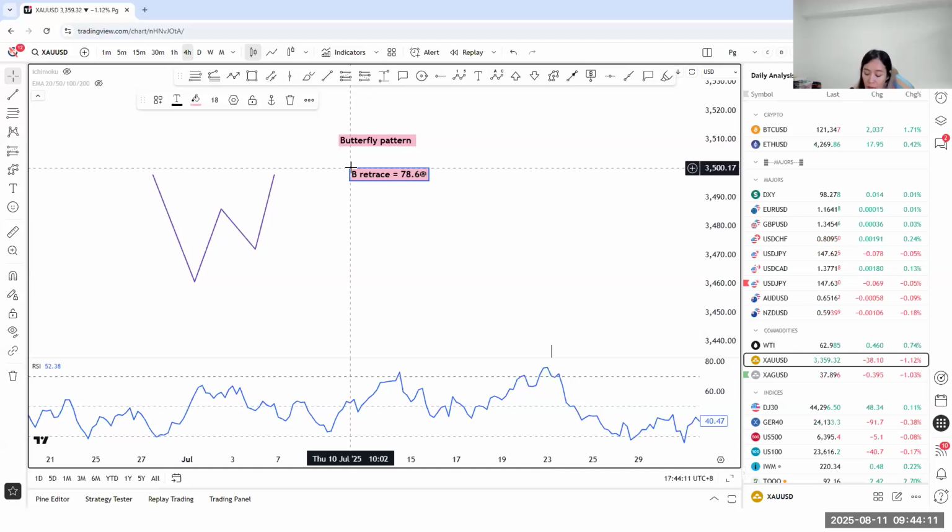This is for the butterfly pattern. B has to retrace 78.6%.